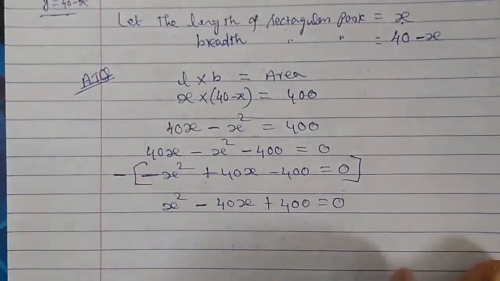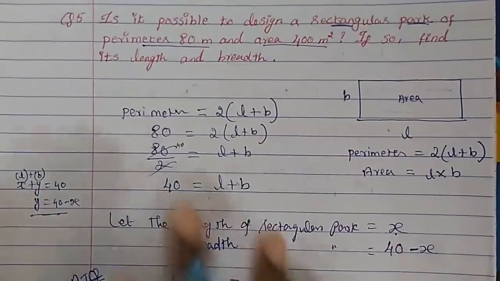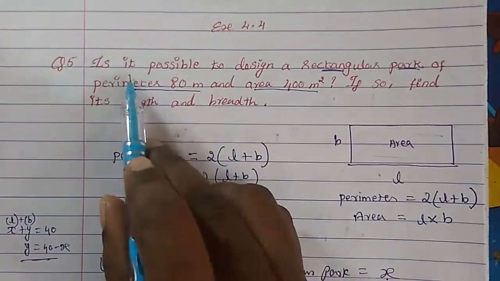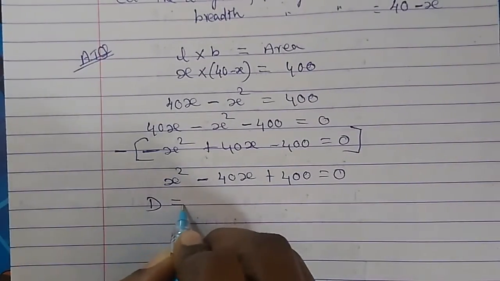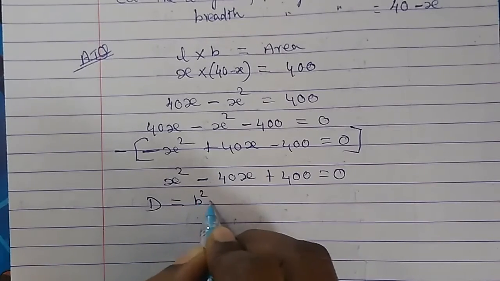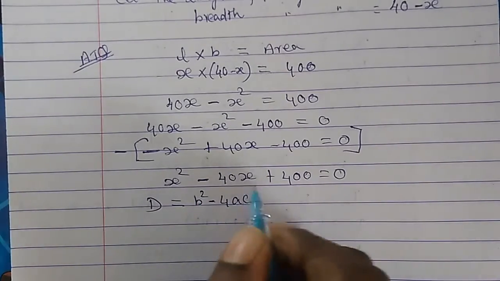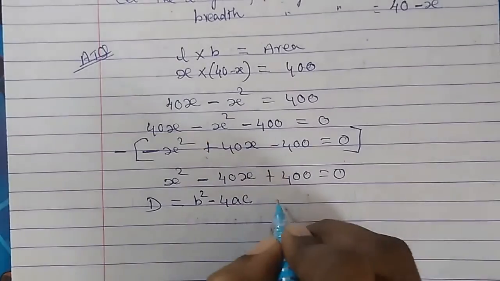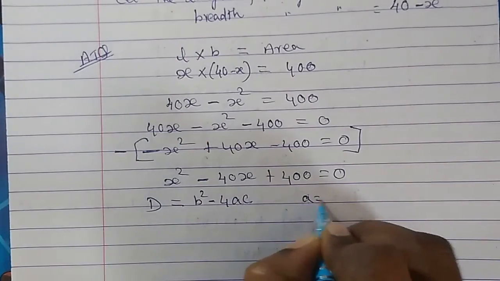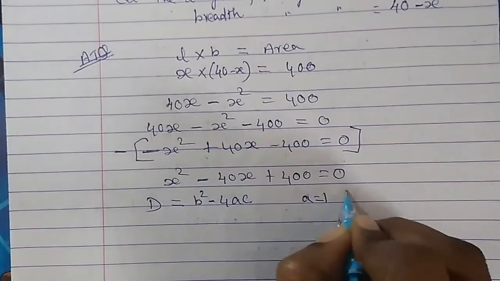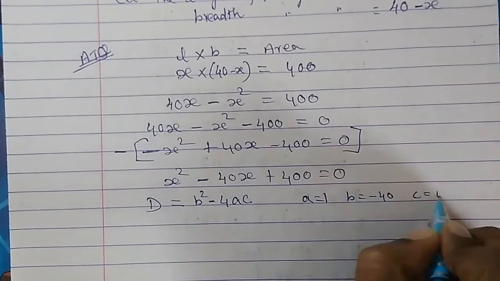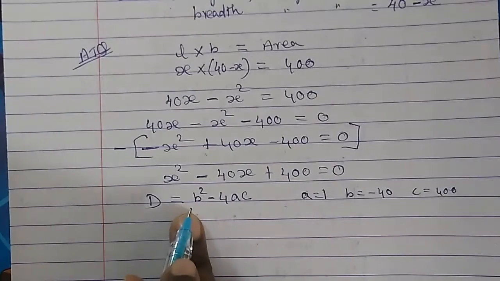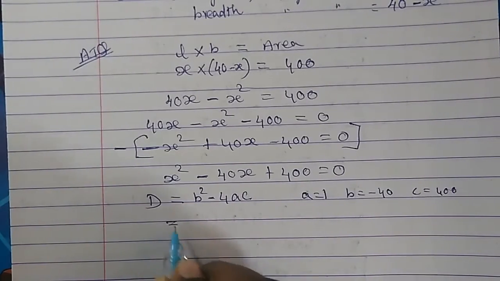Now we have to find out whether this situation is possible or not. For that we should know the nature of the root. So we have to find out the d value. D is b square minus 4ac. Here a is 1, b value is minus 40, c is 400. So let's put the value here.